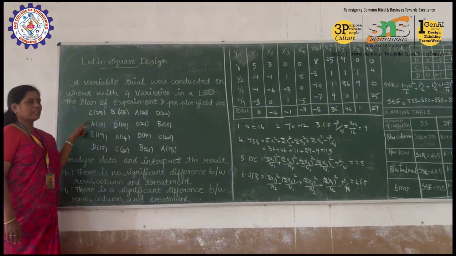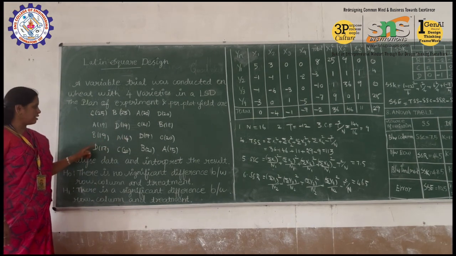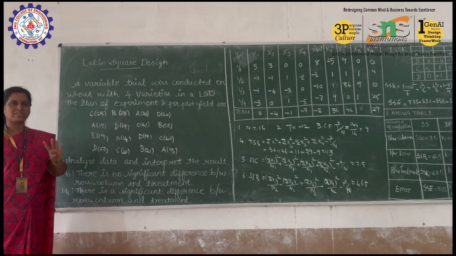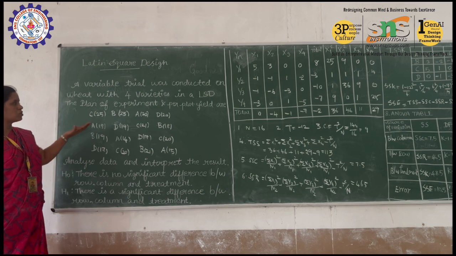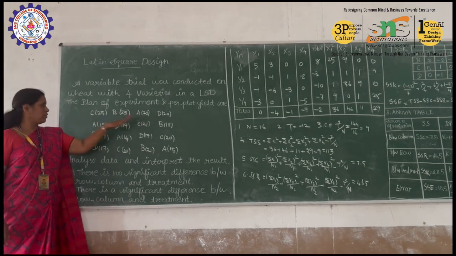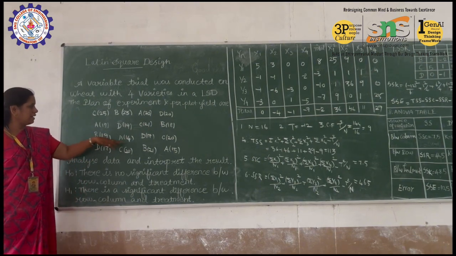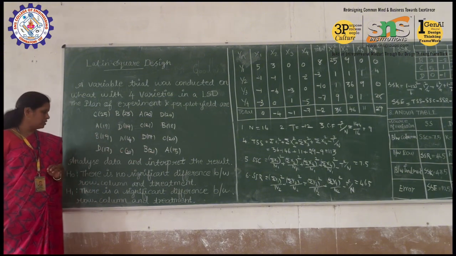They have given the data, 4 rows and 4 columns, and the treatments A, B, C, D, 4 varieties of treatments. The corresponding output yield values are 25, 23, 20, 20, 19, 19, 21, 18, 18, 19, 14, 17, 20, 17, 20, 21, 15.